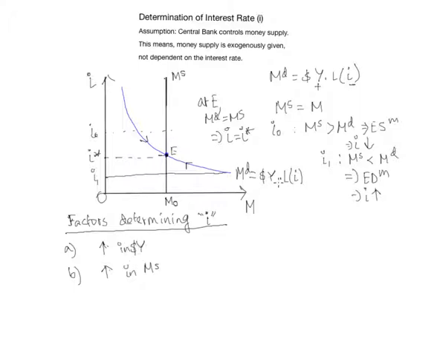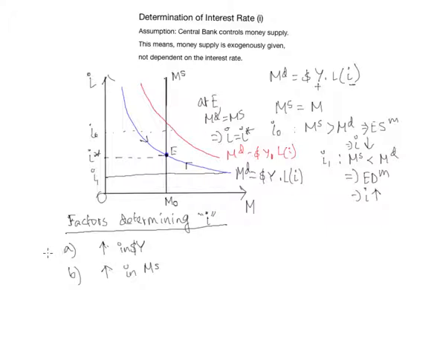We have seen before that for a higher level of Y, we have a higher money demand curve. So increase in Y shifts money demand upward. We have a new money demand, Y1 times L(i).